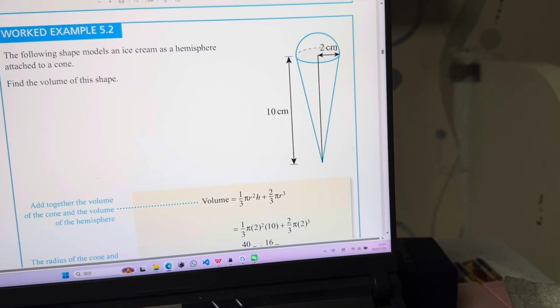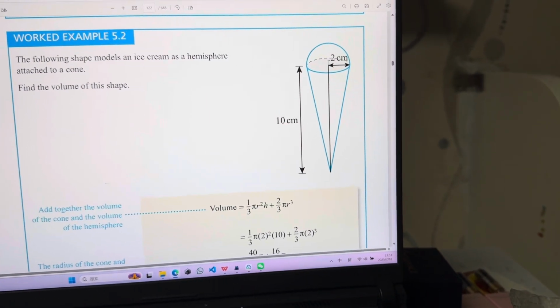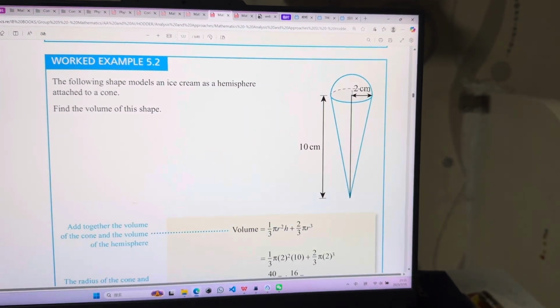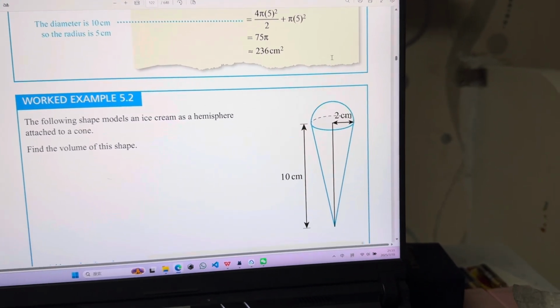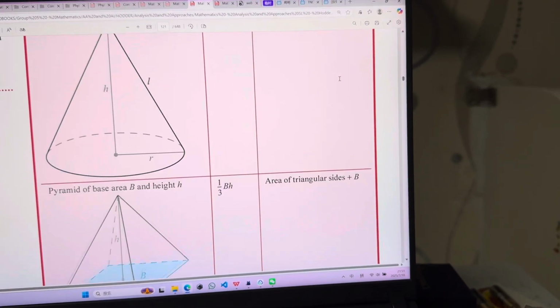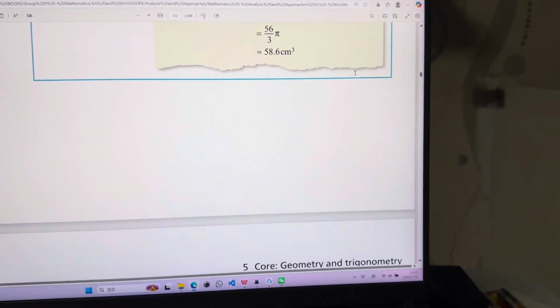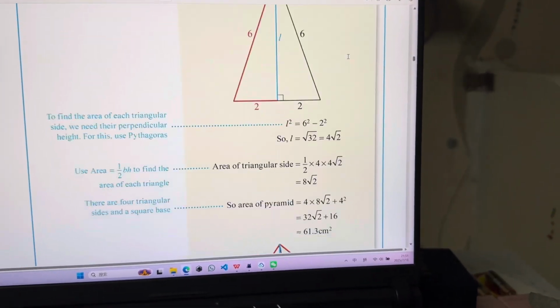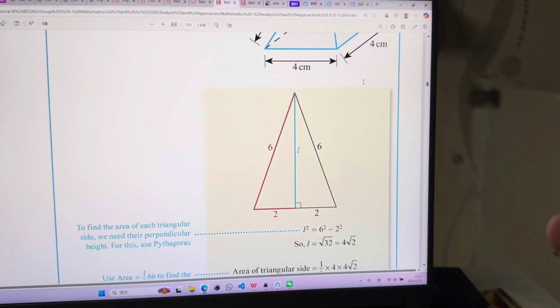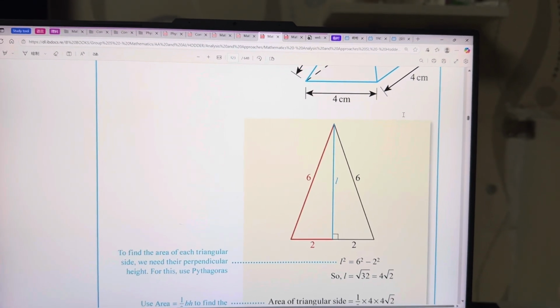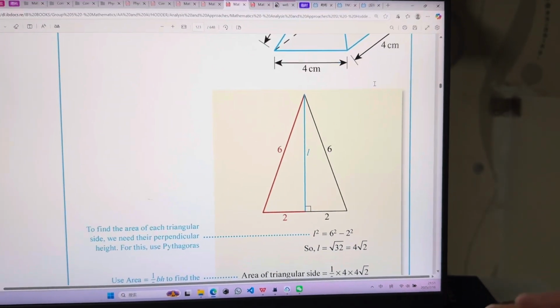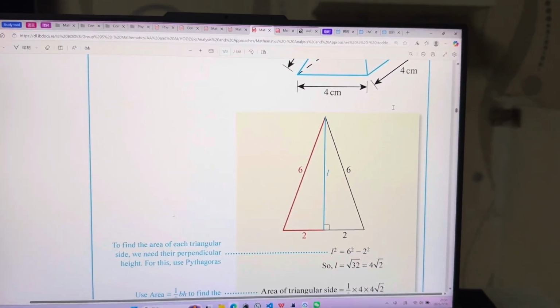For example, this one looks like an ice cream. So you just cut this ice cream, and you get a hemisphere and a cone. So just remember this method: change the thing you don't know into the thing you know. That's how math works.